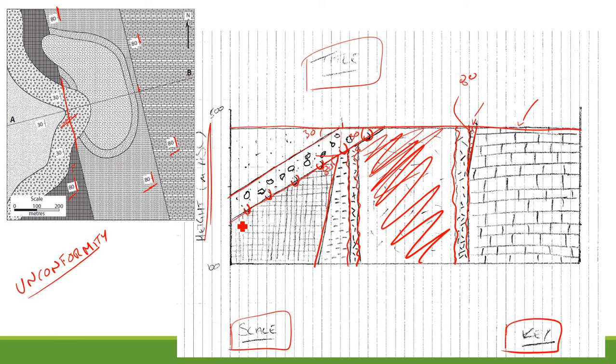And in this case, where the unconformity is at an angle, so we have a difference in angle between these 80-degree units and these 30-degree units, that's a special type of unconformity called an angular unconformity. There are other kinds of unconformities, and again, they're outlined in your notes.